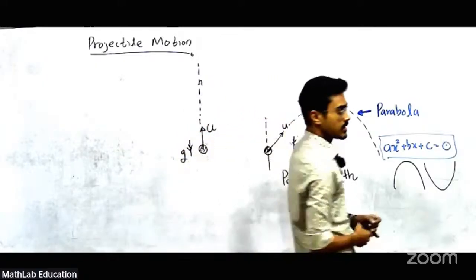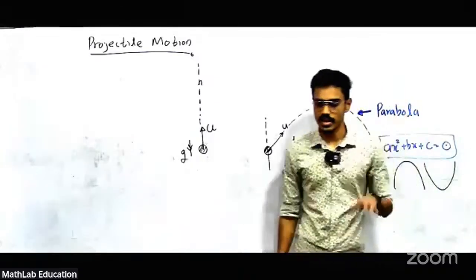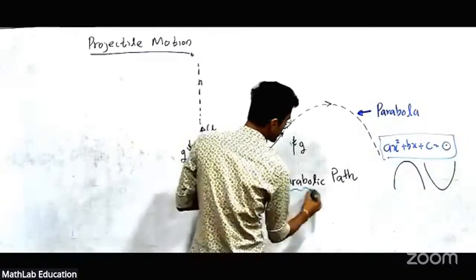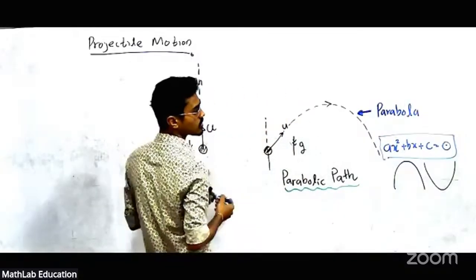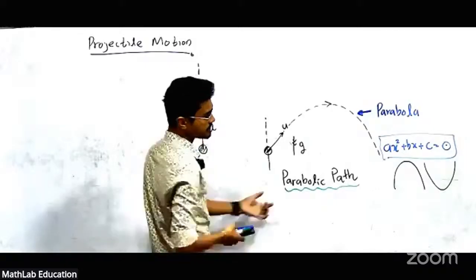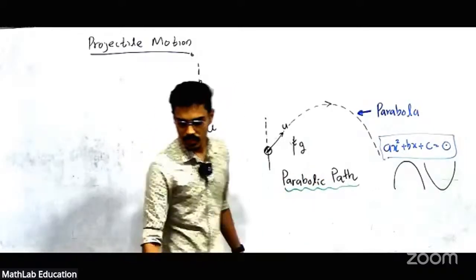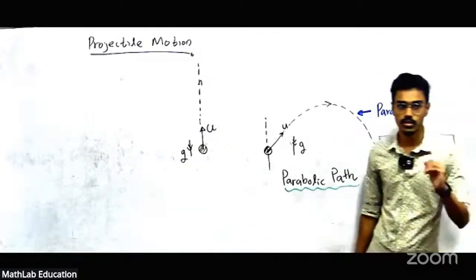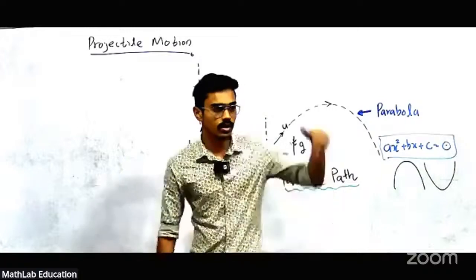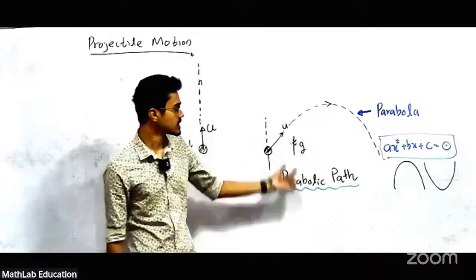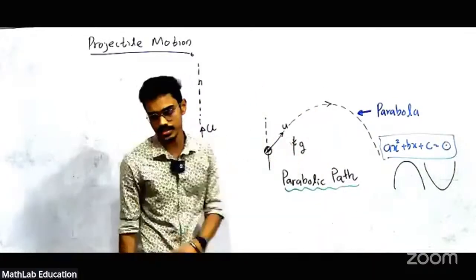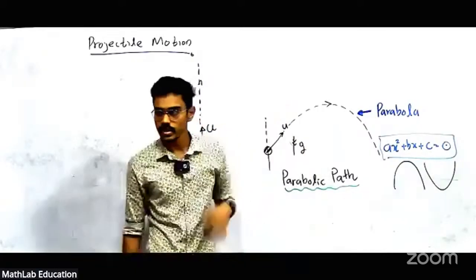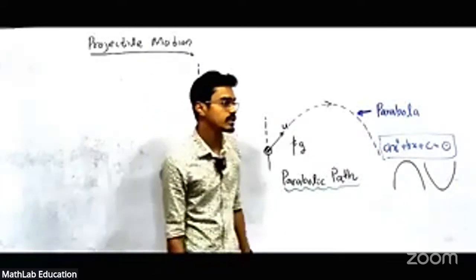A motion undergoes in a parabolic path with a constant acceleration along a particular direction is called a projectile motion.